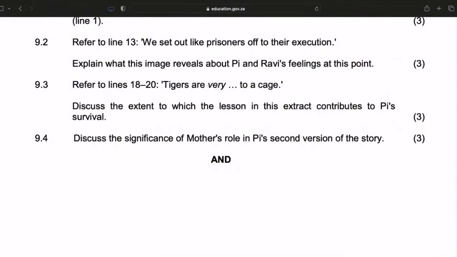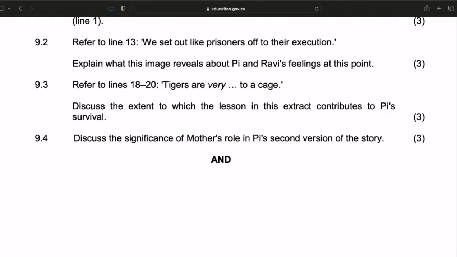So Pi and Ravi, you can say they were worried, they were uncertain, they were stressed, they were dubious, they were perplexed, they were confused, and now you need to obviously account for that because they did not know what to expect. They were fearful of their father because of his strict demeanor.